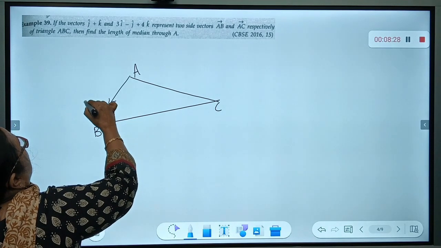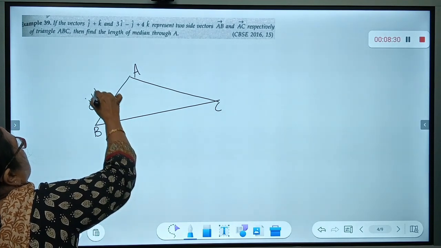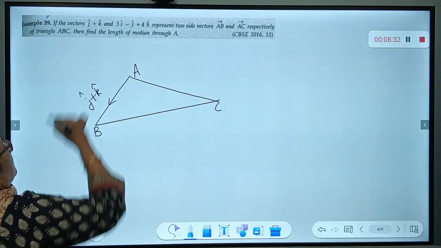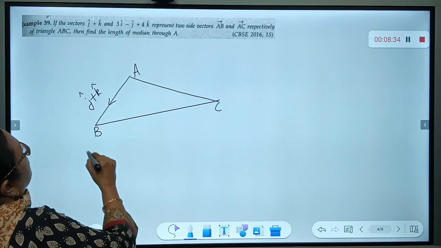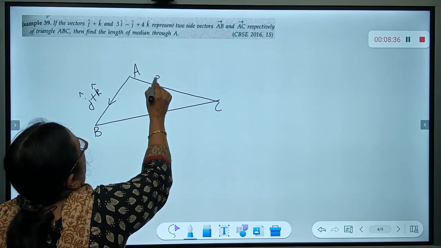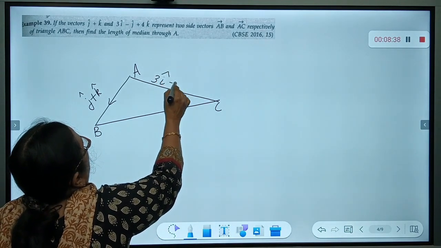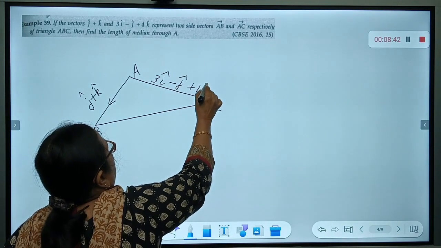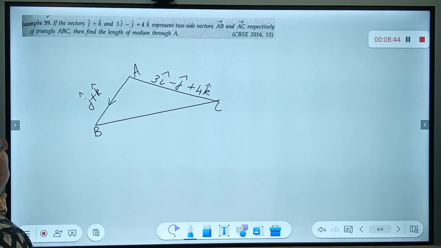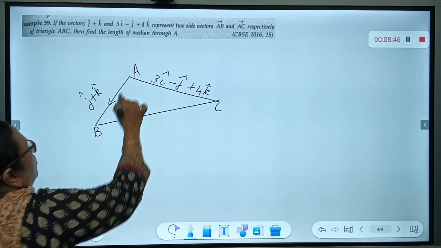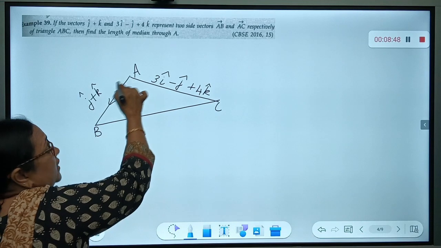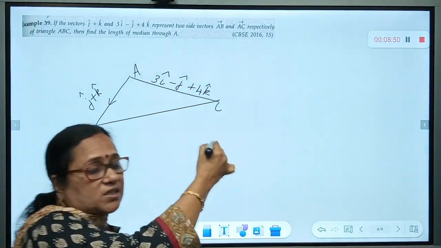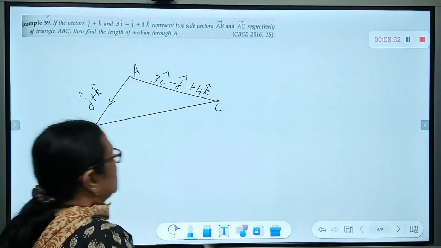AB vector is given to be J plus K. AC vector is given to be 3I minus J plus 4K. You have to find the length of the median through A. You know what is a median? The line which joins the vertex with the midpoint of the opposite side.